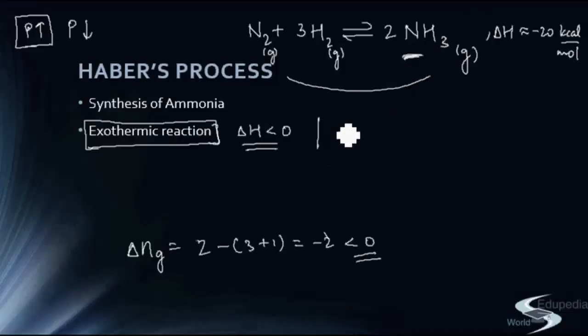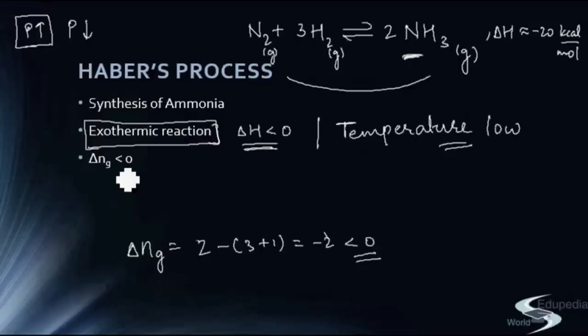That means increasing the temperature will shift the reaction in the backward direction. Hence, we would prefer to keep the temperature at lower values, so that the reaction shifts in the forward direction and forms more and more ammonia. So Haber's process, because delta H is less than 0 and delta Ng is also less than 0, is favorable at low temperature and high pressure.